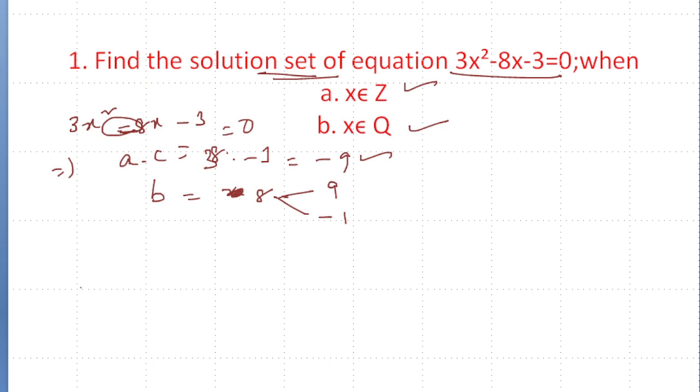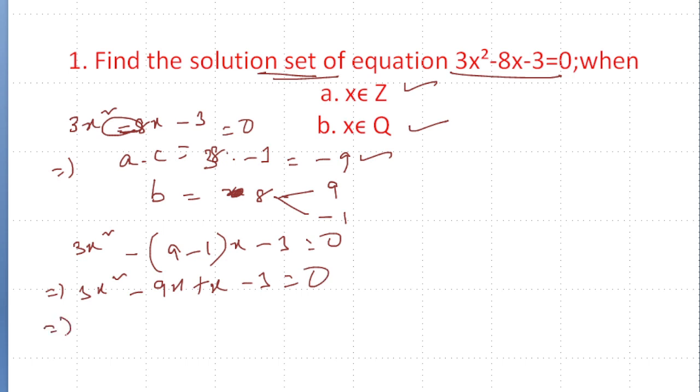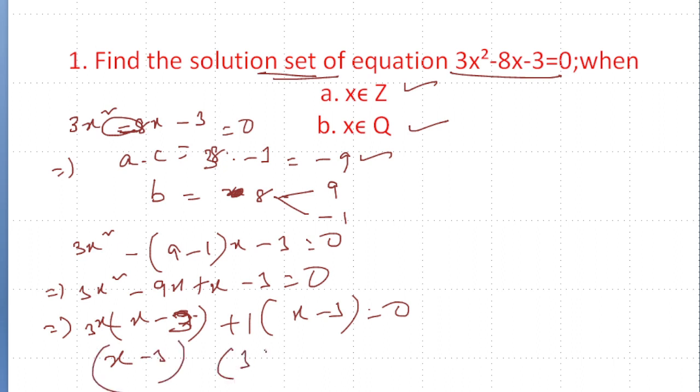Now put in the formula: 3x square minus 9x plus x minus 3 equals 0. So now 3x common, that is x minus 3 and 3x plus 1 equals 0. So the two equations came: x minus 3 and 3x plus 1 equals 0.